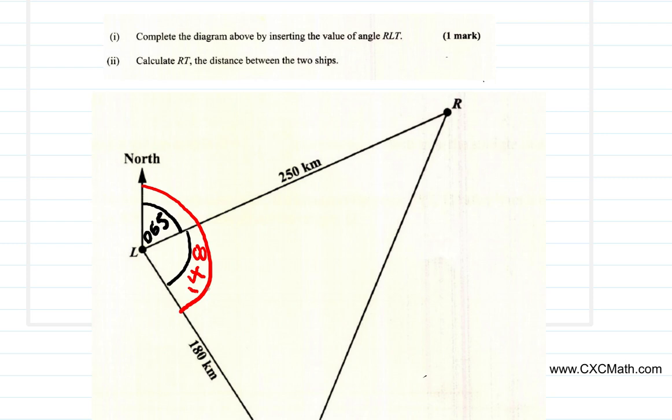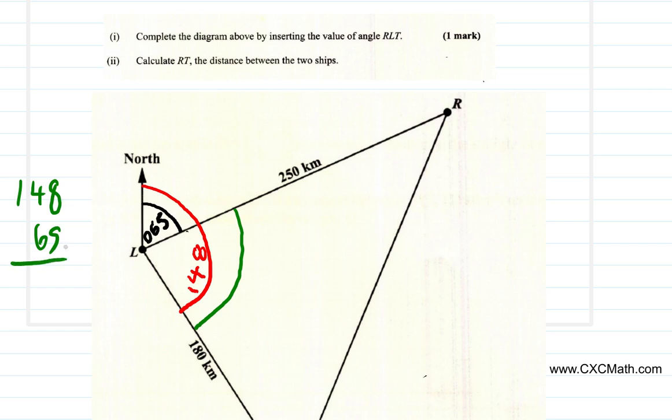Now, let's just remove this arc here and put it somewhere else. Put it here. This is the angle we're trying to find out. Notice here that 65 is from here to here. 148 is all the way around here. So therefore, this angle will be the difference between 65 and 148. So we're going to subtract them. 148 minus 65.